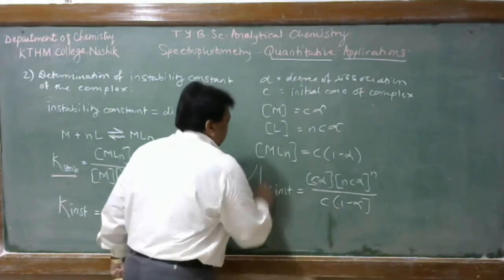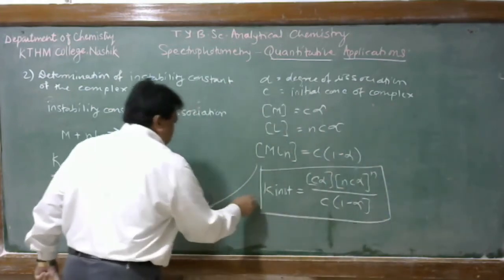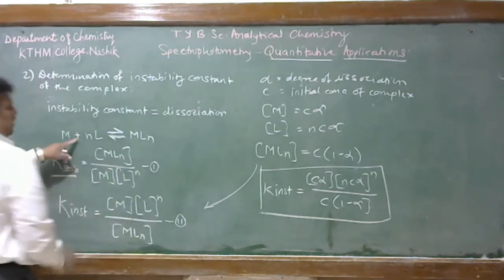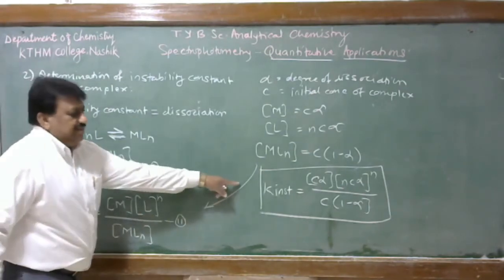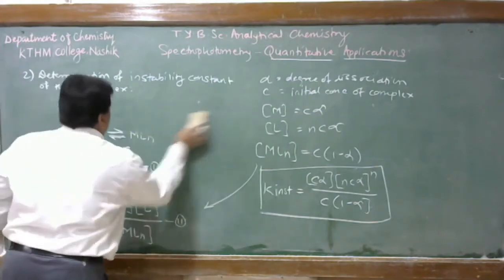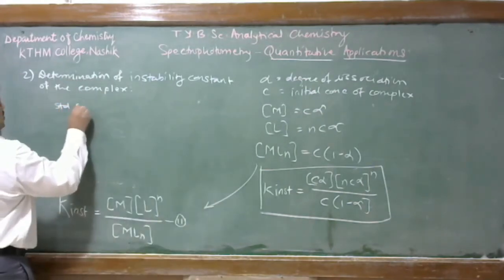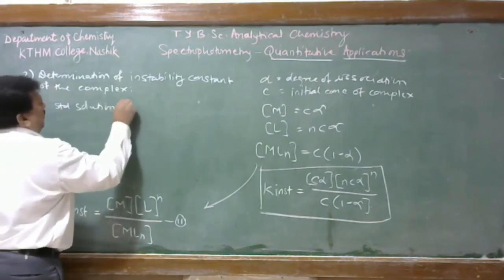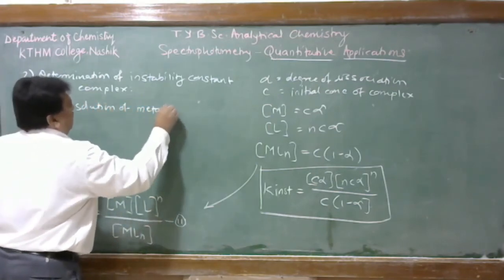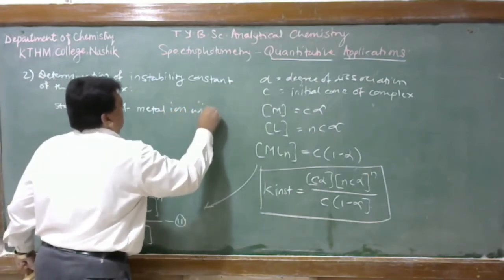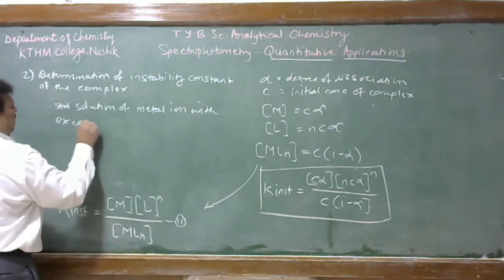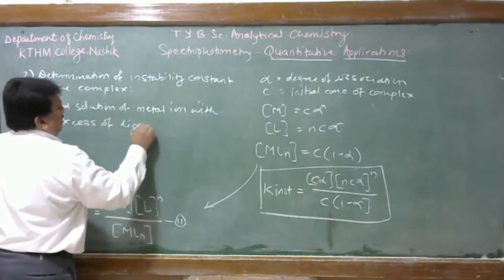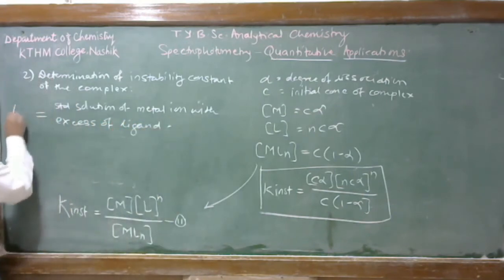Therefore, the instability constant of this complex is determined by this equation. But for spectrophotometric determination, we take a standard solution of metal ion with excess of ligand, and we have to measure the absorbance of that standard solution, that is AM, the maximum absorbance.